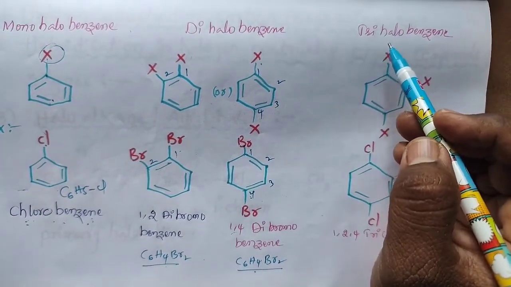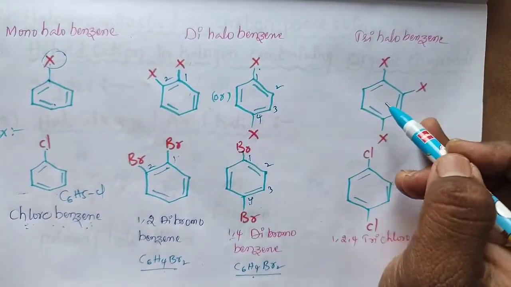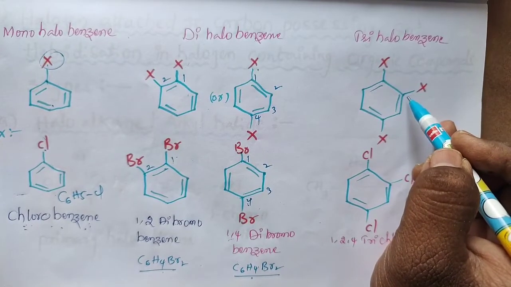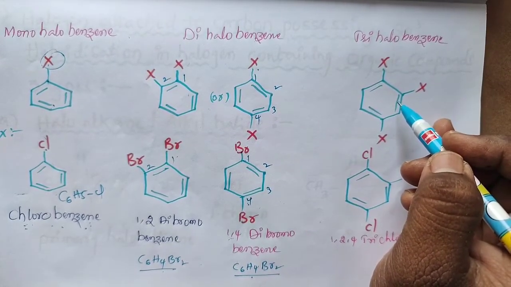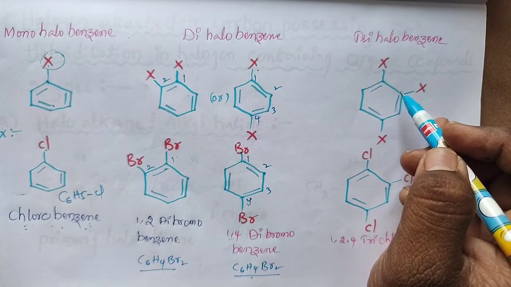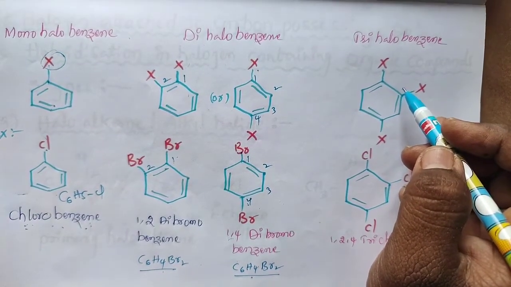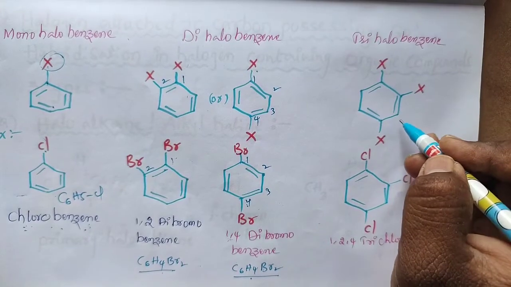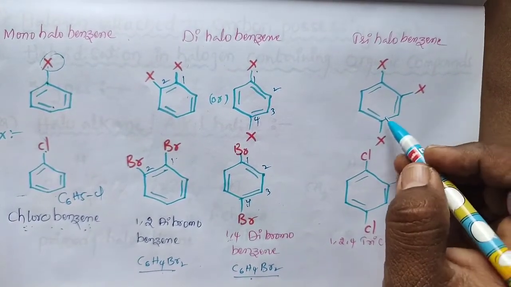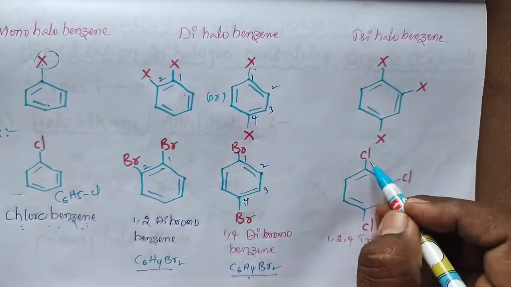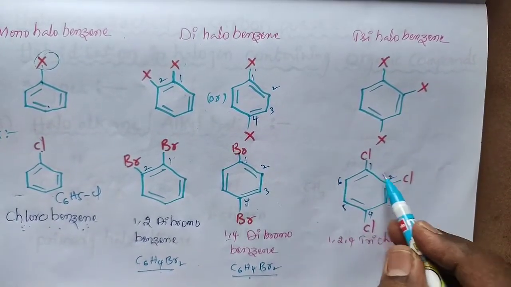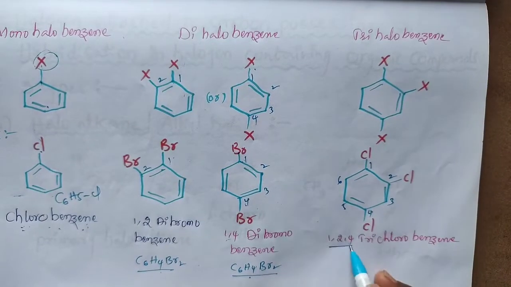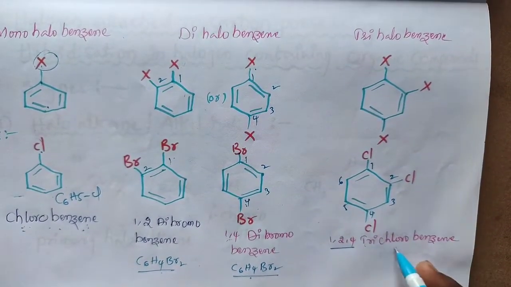Next is trihalobenzene, in which three halogens are bonded to benzene in place of three hydrogen positions. Take the example of 3 chlorines, at positions 1,2,4: this is 1,2,4-trichlorobenzene.